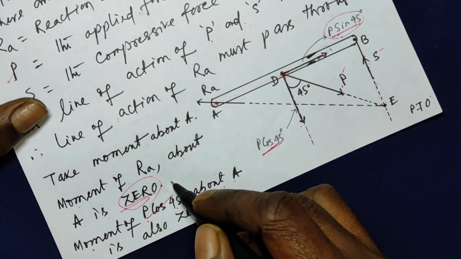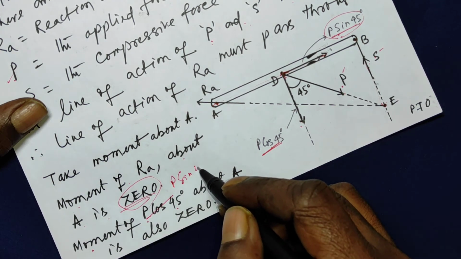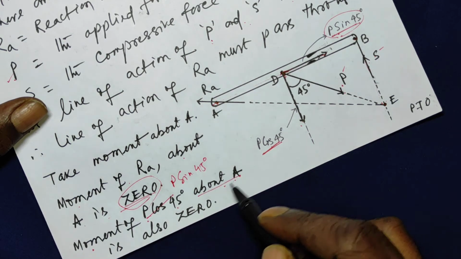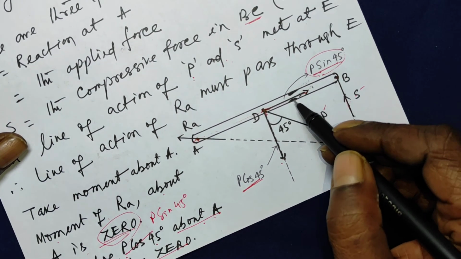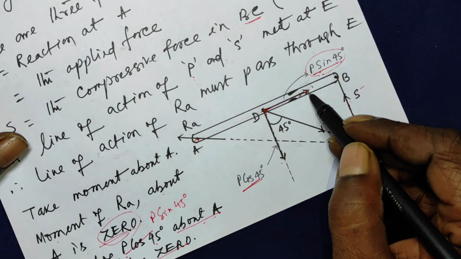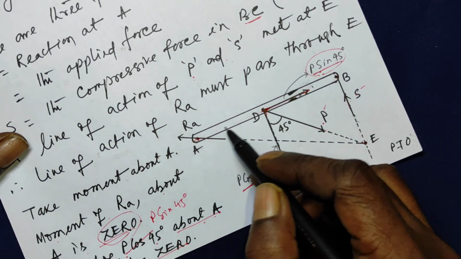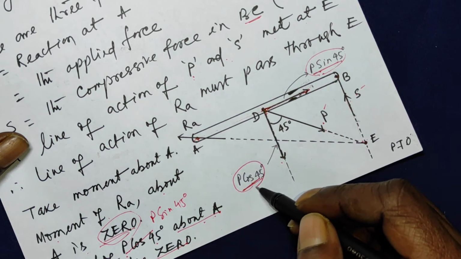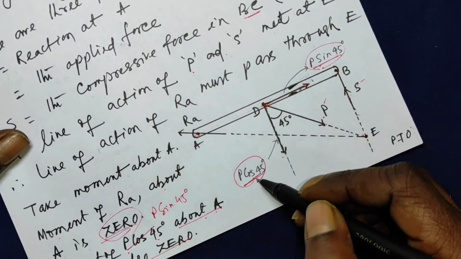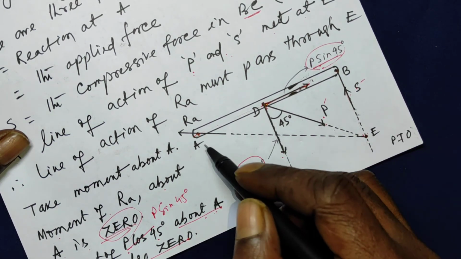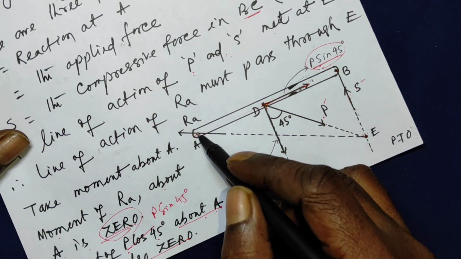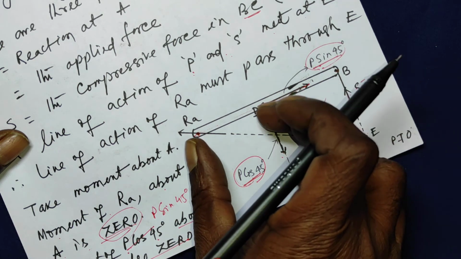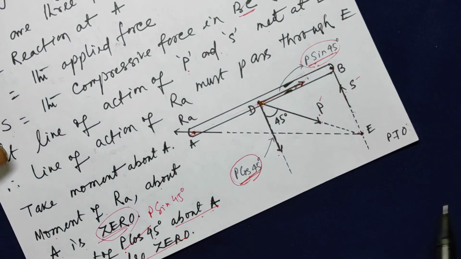The moment of P sine 45 about A is 0, because its line of action passes through point A and it does not have a perpendicular distance. Only P cos 45 will have a turning effect about A. And how much will that be? P cos 45 times this length AD, which is equal to L by 2.